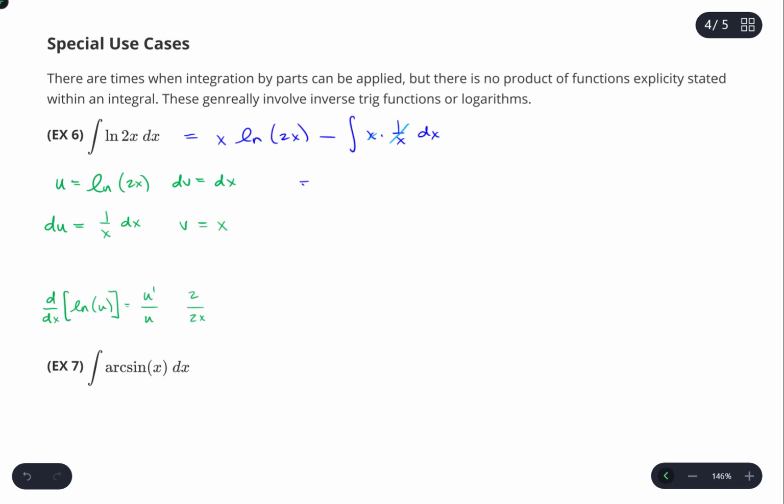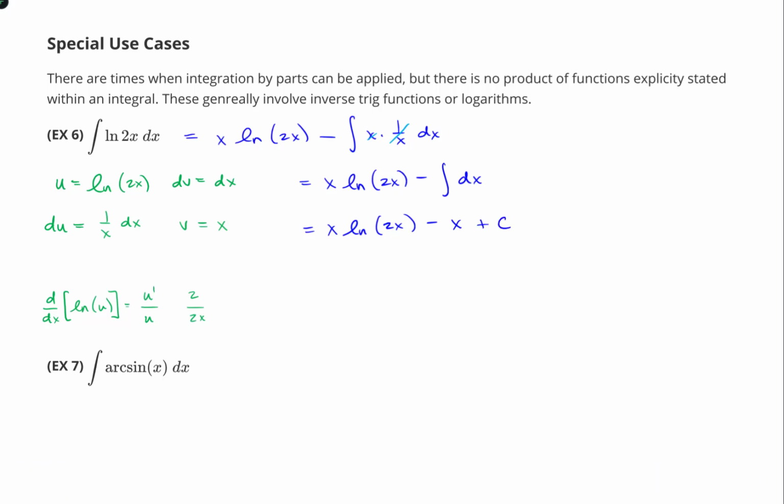So essentially I just have x times the natural log of 2x minus the integral of dx, and that's a relatively simple integral to perform. It results in just x. So we have x natural log of 2x minus x plus c.